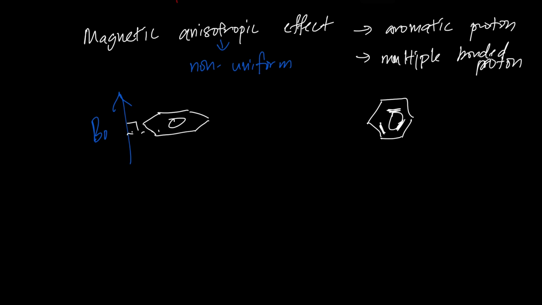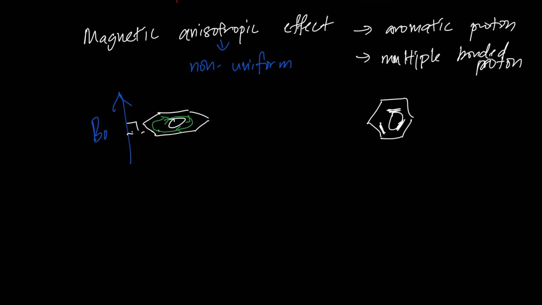When the pi electrons are perpendicular to the magnetic field, they will circulate in this direction in the ring, and this circulation of electrons will generate a secondary magnetic field.